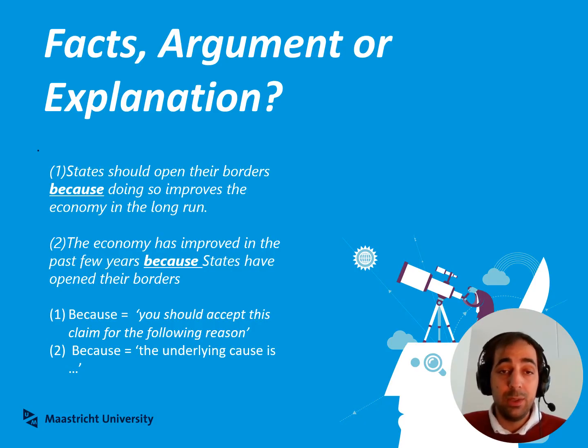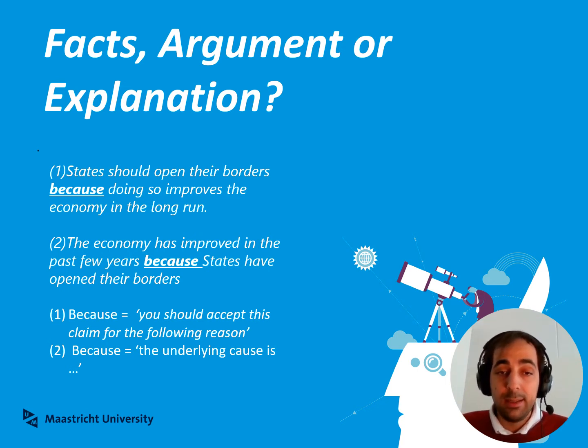So if we look at these two sentences, the first sentence says, states should open their borders because doing so improves the economy in the long run. And the second sentence, which is very similar, says the economy has improved in the past few years because states have opened their borders. Now, in the first example, you're being given a reason to accept the claim that states should open their borders, right?